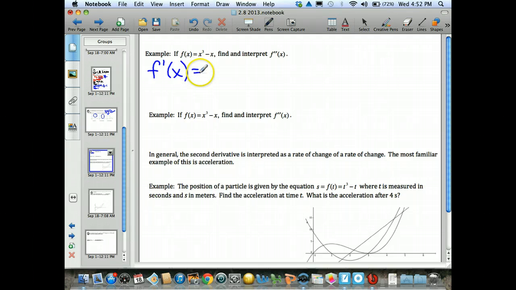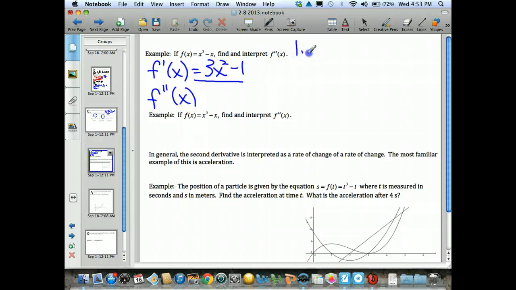And we found out that that was equal to 3x squared minus 1. So if we're trying to find the second derivative, so we denote that with 2 primes, then we just use our definition and simplify again. So we're going to use that limit definition, but we're going to use this as our function now, okay? So we're taking the derivative of the derivative, in other words.